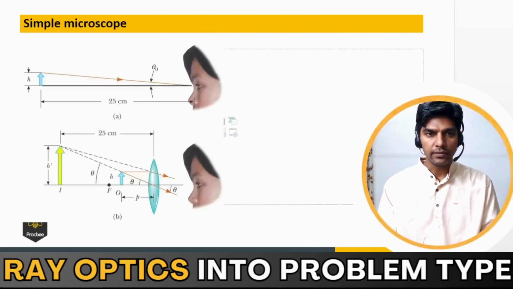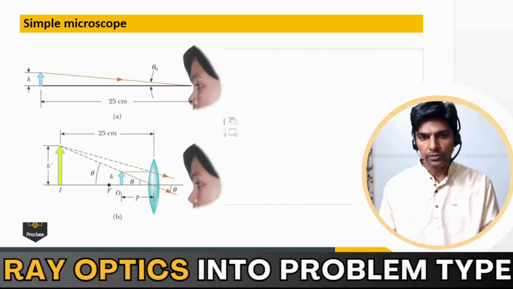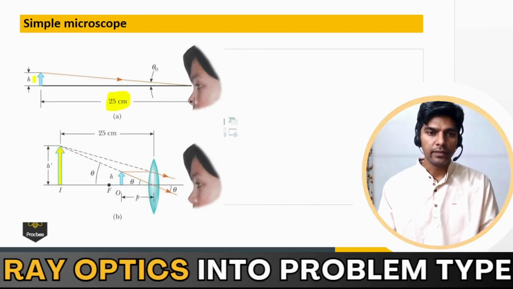Now let us see the very first optical instrument, that is the simple microscope. Suppose there is an object and we are looking at it from the least distance of distinct vision, 25 centimeter, and the object subtends an angle of theta naught at our eye.